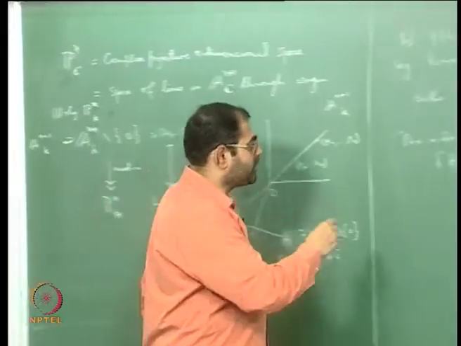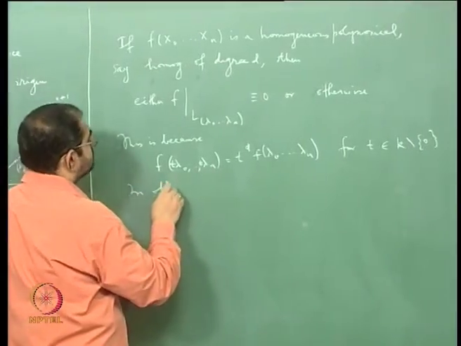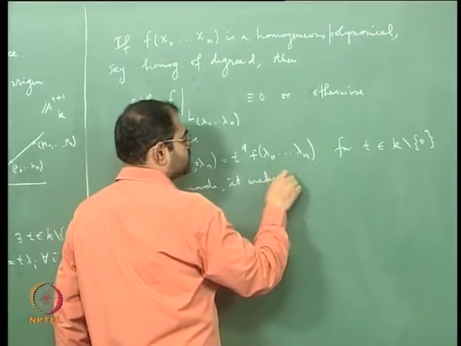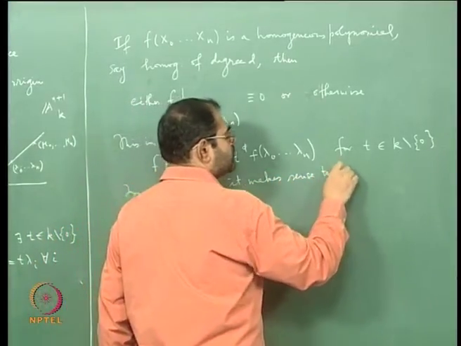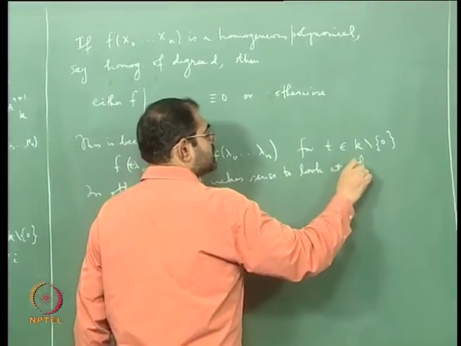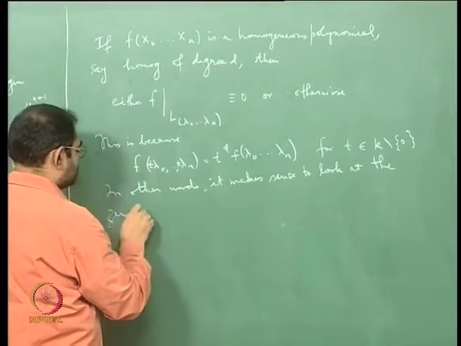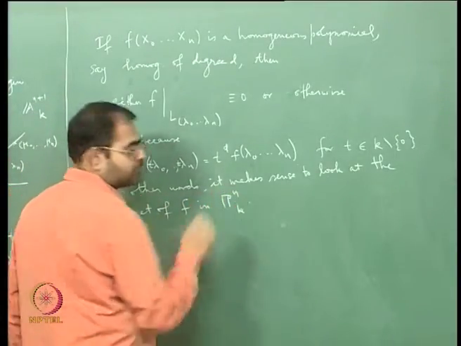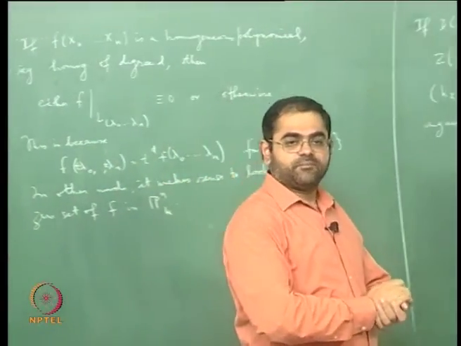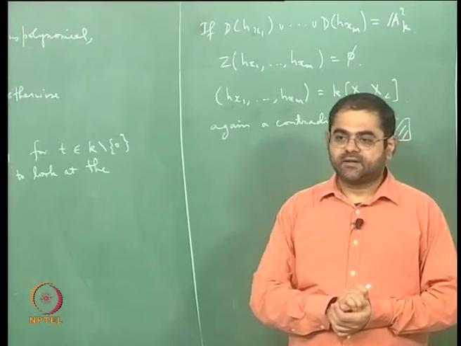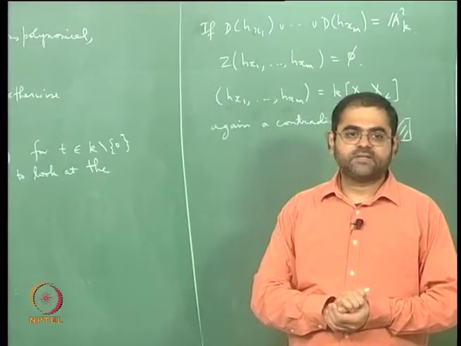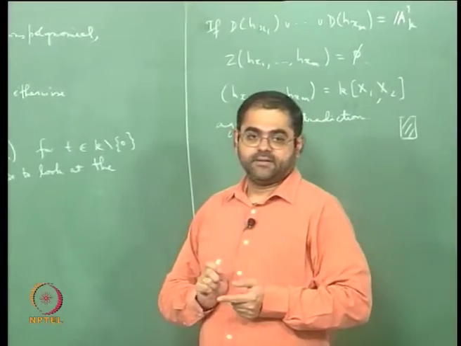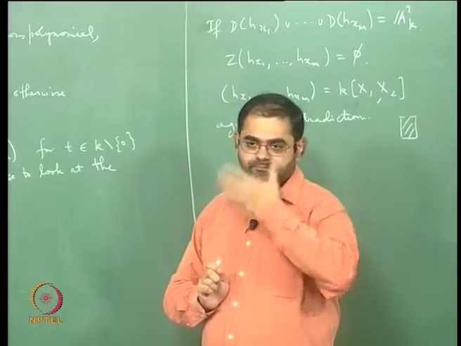In other words, it makes sense to look at the zero set of f in P^n. A point in P^n where f does not vanish corresponds to a line on which f does not vanish. A point in P^n where f vanishes corresponds to a line on which f vanishes, okay.